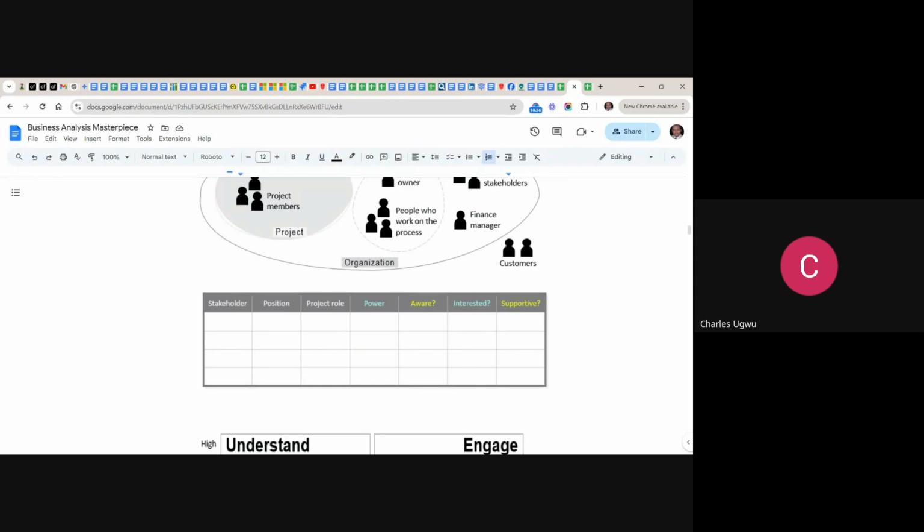So by the time you identify them here, looking at this table, you capture stakeholders by their name, their position in the organization, and then their project role.